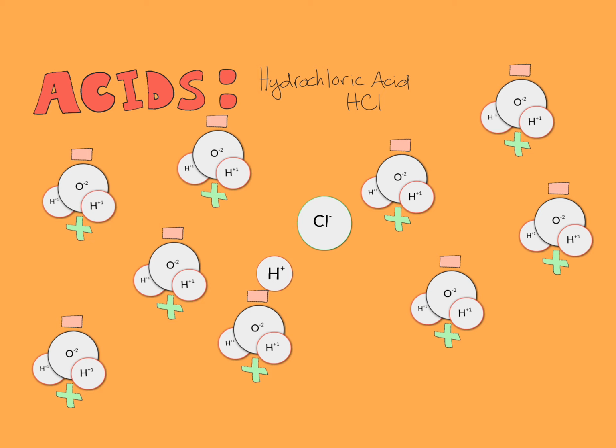Similarly, the negative chlorine ion is going to move towards the positive end of a water molecule, and it's going to separate out the hydrogen and chlorine ions. This separation is called dissociation. Whenever a compound dissociates and one of the ions it forms is a hydrogen ion, that's called an acid.